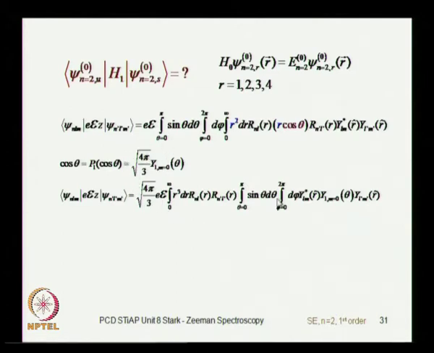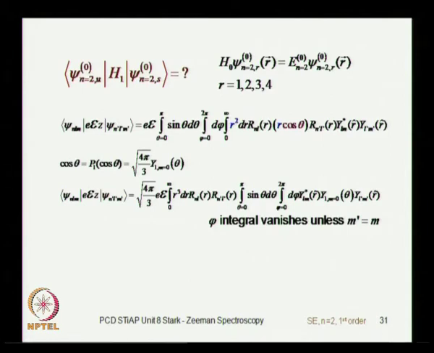And then of course there is this phi integral, which we discussed in our previous class. Toward the end of the previous class we discovered that this integral will vanish unless m prime is equal to m. So, the only case that we have to consider is that in which m prime is equal to m.